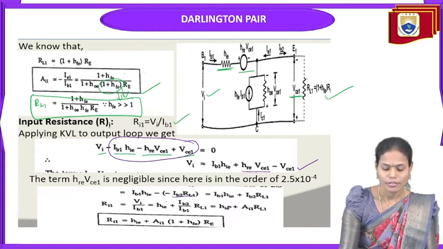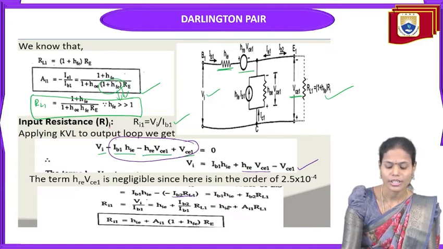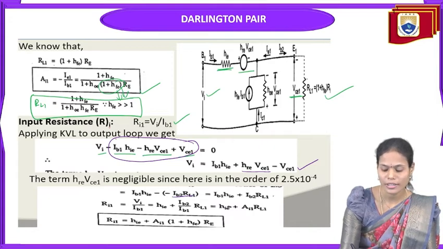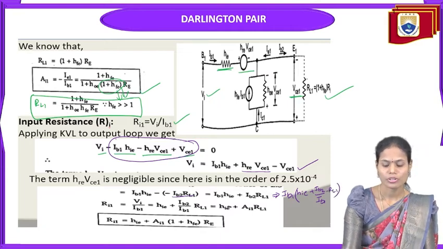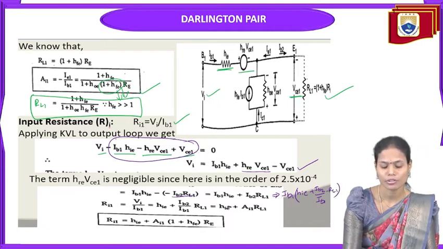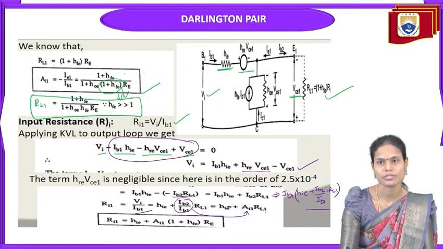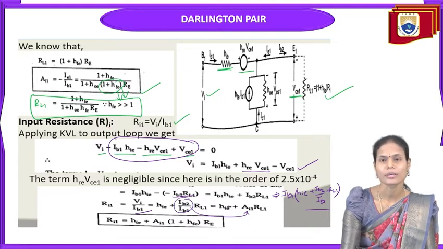And in this, if we take Vi by IB1, take IB1 common here, we will get HIE plus IB2 by IB1 into RL. So now this IB1 we are taking to the left side, so that we will get HIE plus IB2 by IB1 into RL. And again this IB2 by IB1 is nothing but the current gain of the first stage. So that's why we replaced it with AI1.